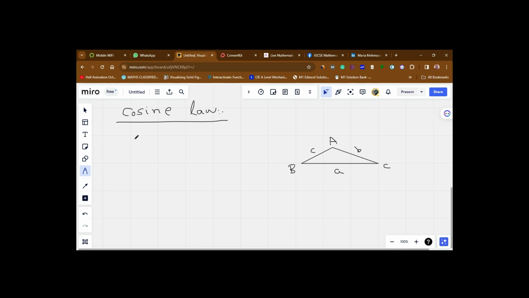You're going to use it in two situations. The number one situation is that if in the question all three sides' values are given to you, and they ask you about the unknown interior angle. Over there, you can use your cosine law.